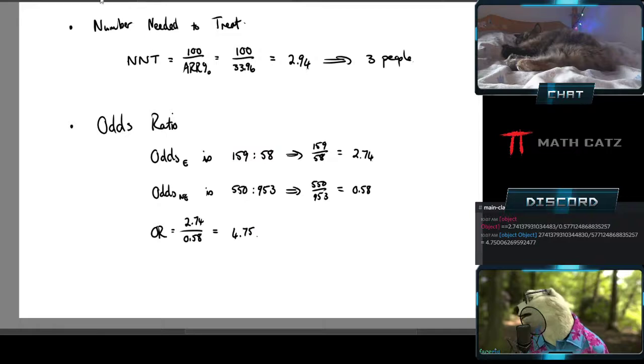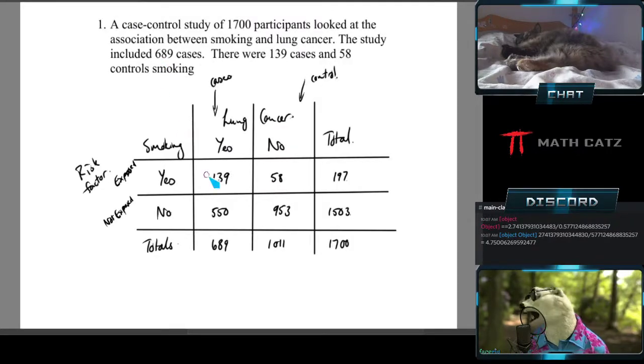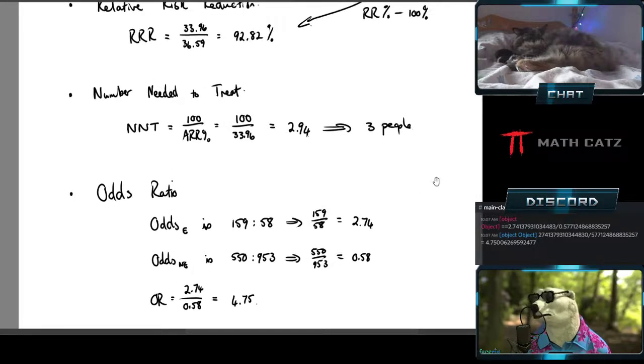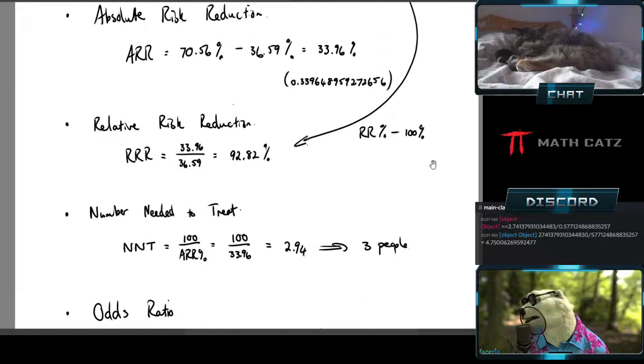So again, we said in the previous video that if the effect of the risk factor is moderate to big, without classifying what moderate means, there's quite an effect, then the odds ratio will be noticeably bigger than the relative risk.